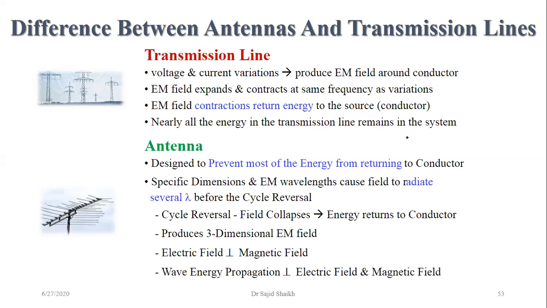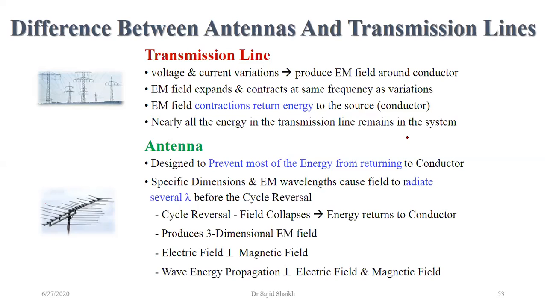Only then will energy be transmitted, or the electrons move from one place to another. If the circuit is open, we cannot transmit the energy. So in a transmission line we have a closed loop, but in an antenna we don't have a closed loop.